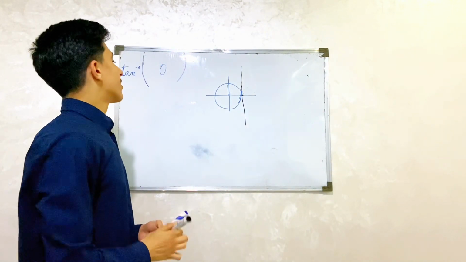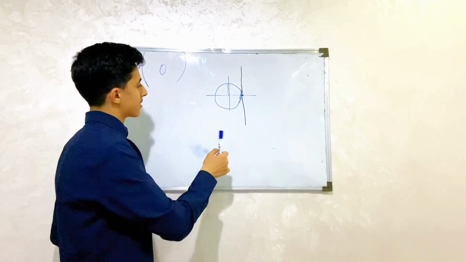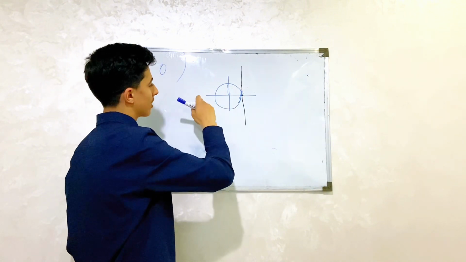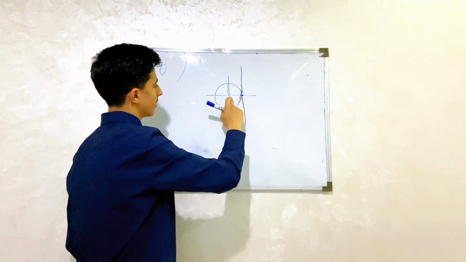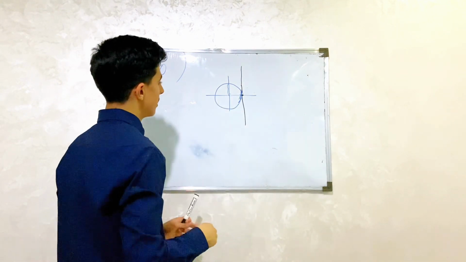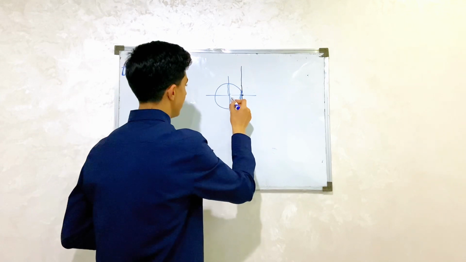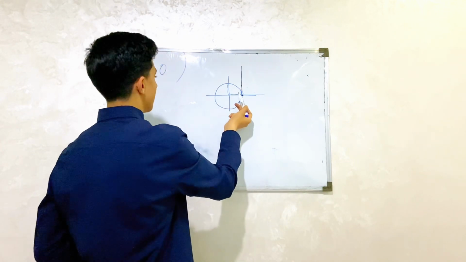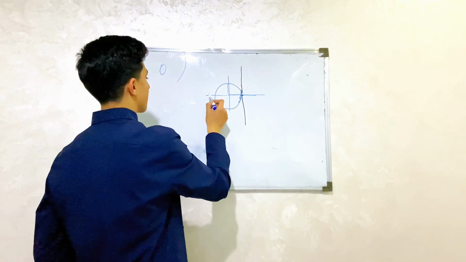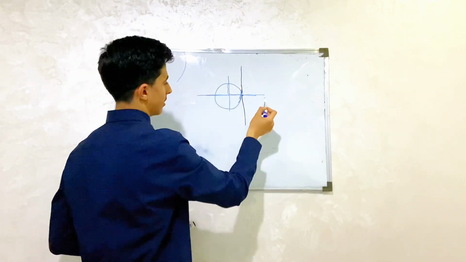If we want our line to cut this, we need it either to be 0, so that it cuts it right here, or it could be half a rotation, so it's pi, so it cuts it as well.